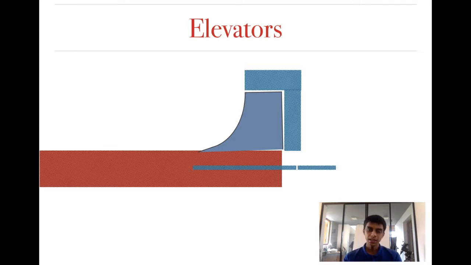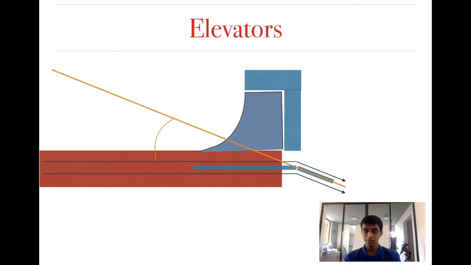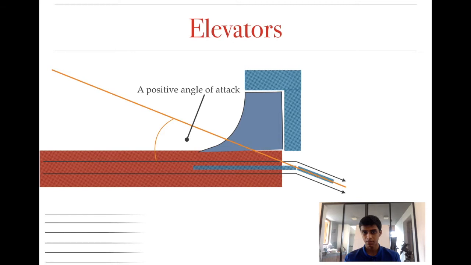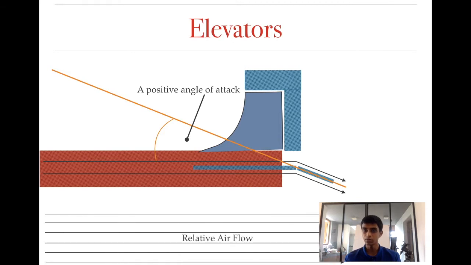Okay. Now elevator is connected to the end of the horizontal stabilizer. So this is how the elevator works. Now when the elevator is pushed down, the airflow will come and bend. It will divert because of that position. And because of this, there will be a positive angle of attack with the relative airflow.